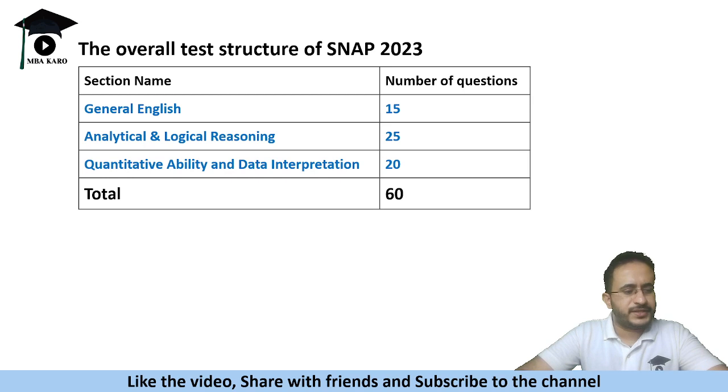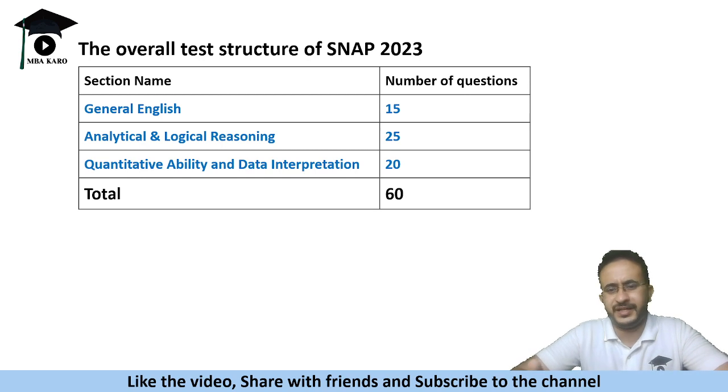Now, the good thing is, if you are good at reasoning and quant, which many students are, and not good at verbal, you have a chance to score well. Additionally, English here does not take much time to attempt, and the questions you get are very short ones.